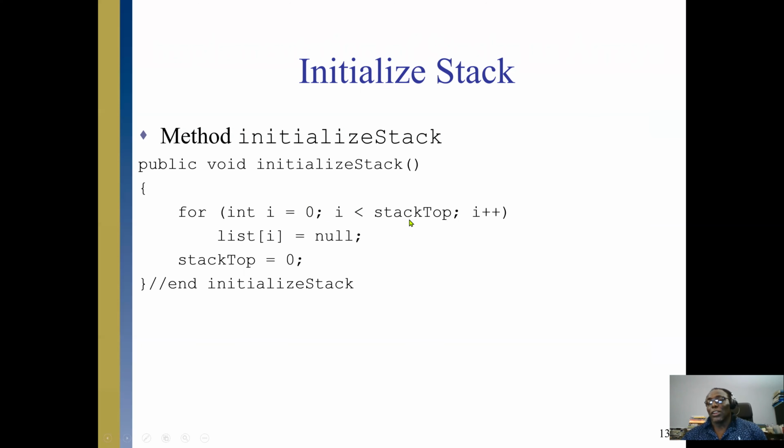So we say less than 100, so we go from 0 to 99. Then each item we meet, we initialize it to null, which means again, we are deleting all the items. After we finish, we set the stack top to 0 to make sure there's nothing.